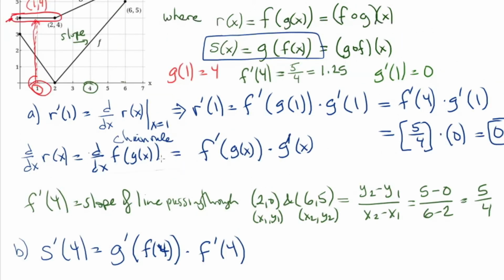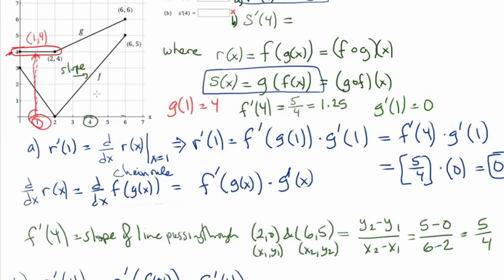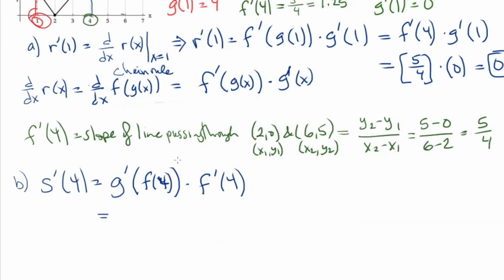What is the y-coordinate when x is 4? When x is 4, we go up to the graph of f, and we said earlier it's about 2.5, or we'll just say 5 over 2. Times f prime of 4.